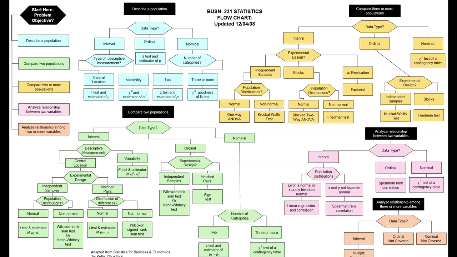And that's what we're going to be doing for the rest of this semester. We're going to be learning essentially all these different tools: t-test for independent samples, t-test for matched pairs, Wilcoxon rank sum test, sign test, one-way ANOVA, linear regression, multiple regression, Kruskal-Wallis test.